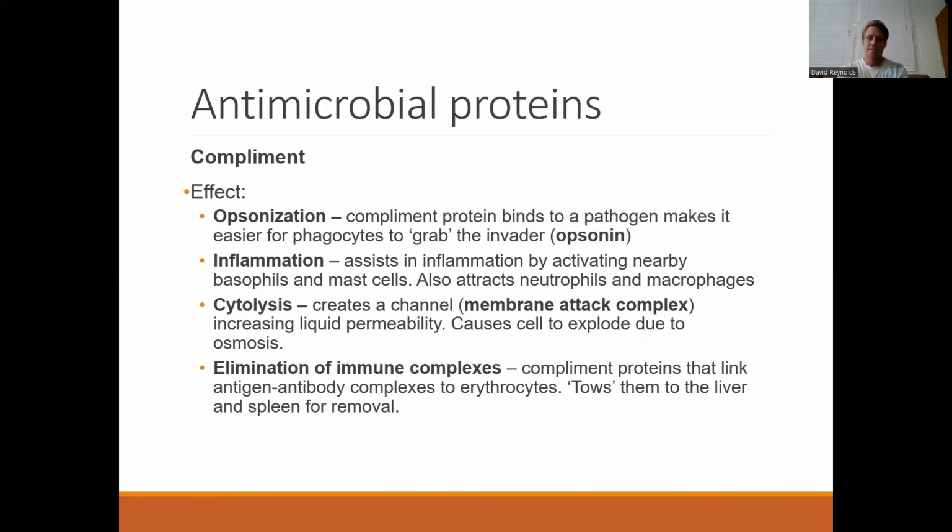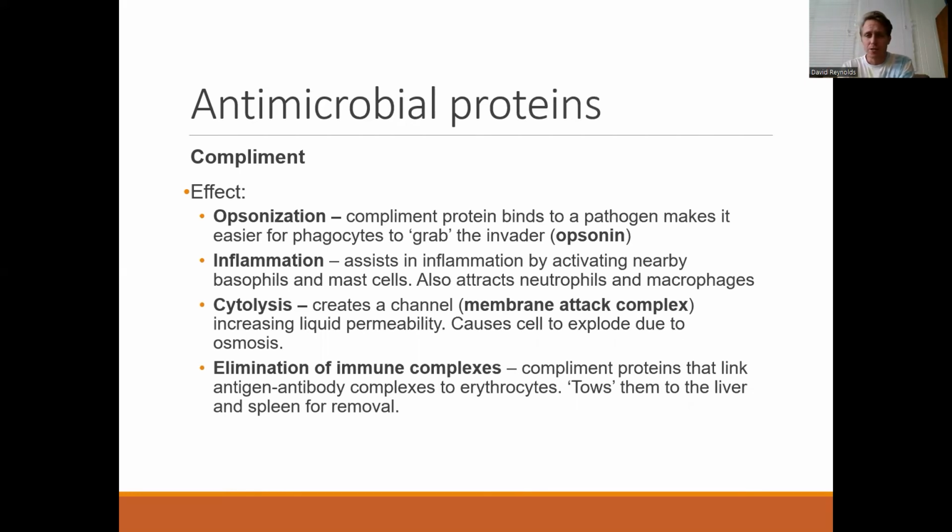Once these enzymatic cascades go through and we have active complement proteins in your body, here are a few ways they can help your innate immune system. One type of complement we call opsonins, which are part of opsonization. Opsonization is a way for complement to help your phagocytic cells.